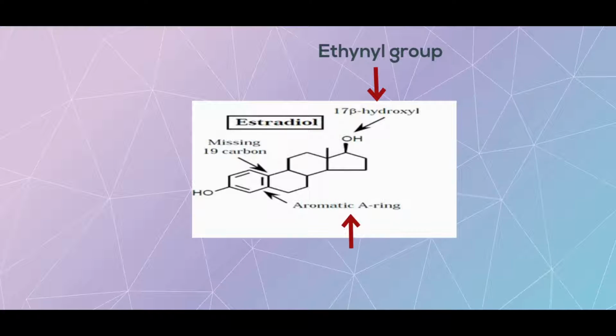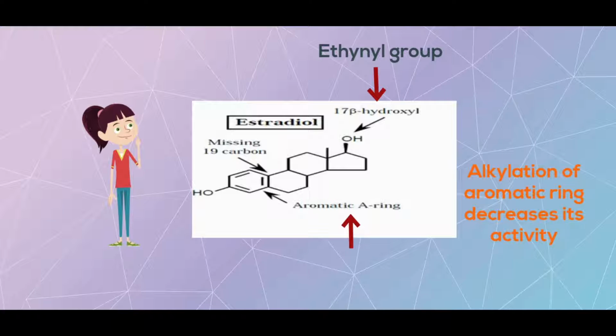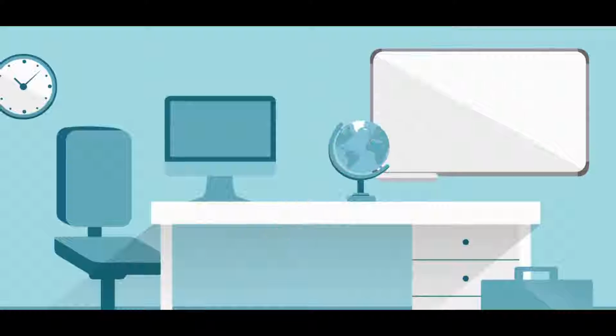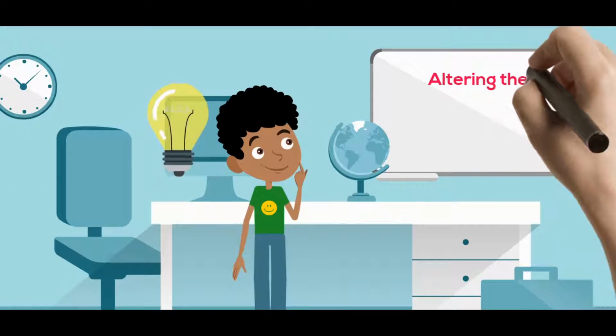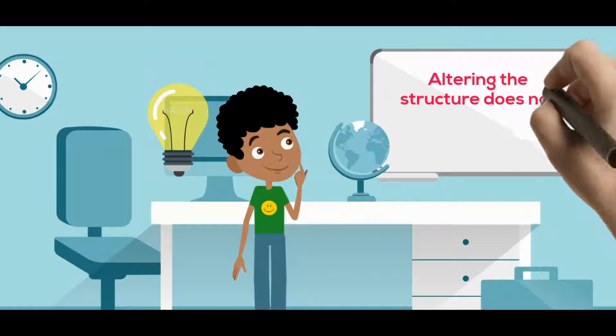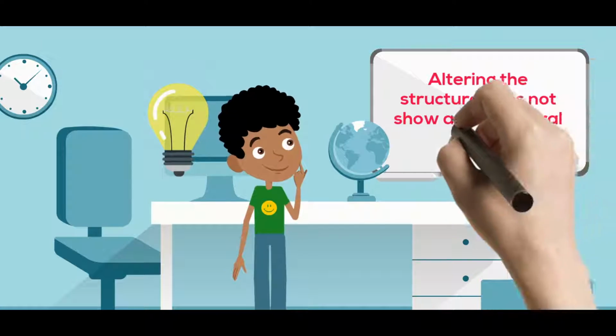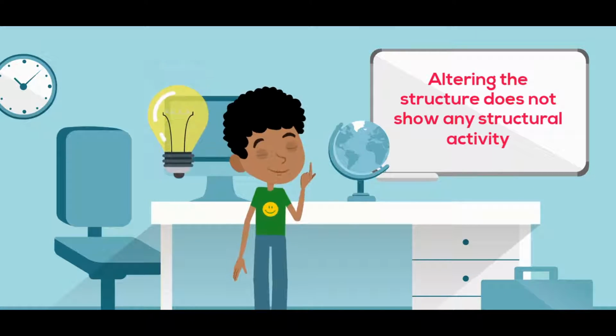The presence of its aromatic ring gives high affinity binding to receptors, but alkylation of this aromatic ring can decrease its activity. On the other hand, altering its steroidal structure does not show an essential effect on its activity.